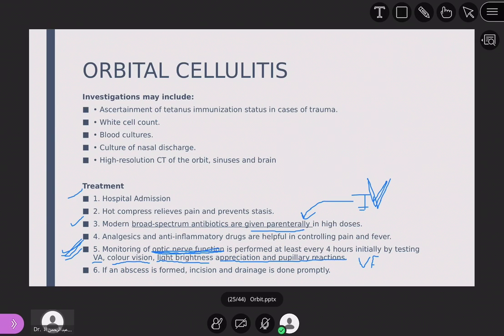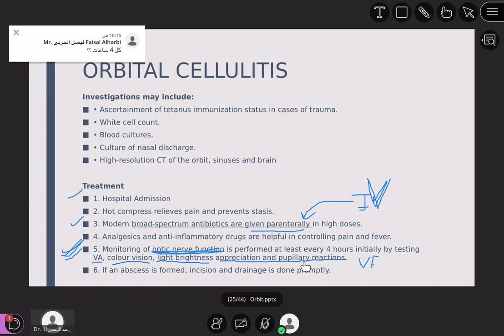So we have five functions of the optic nerve: visual acuity, color vision, light brightness, pupillary reaction, and visual field. You should monitor these in orbital cellulitis. If these improve, you know that you are in the right direction of treatment.